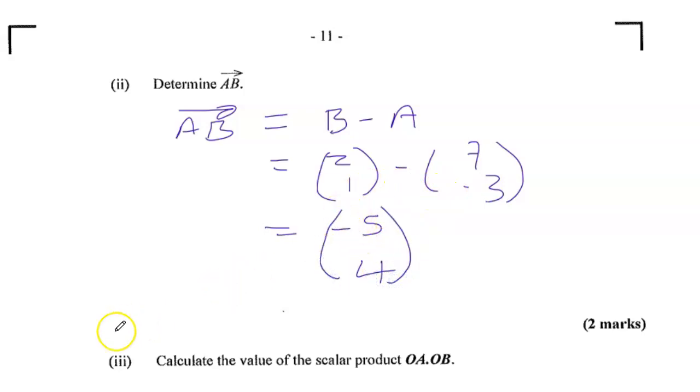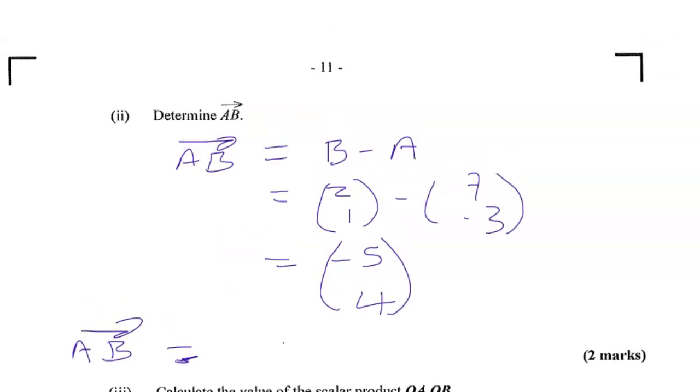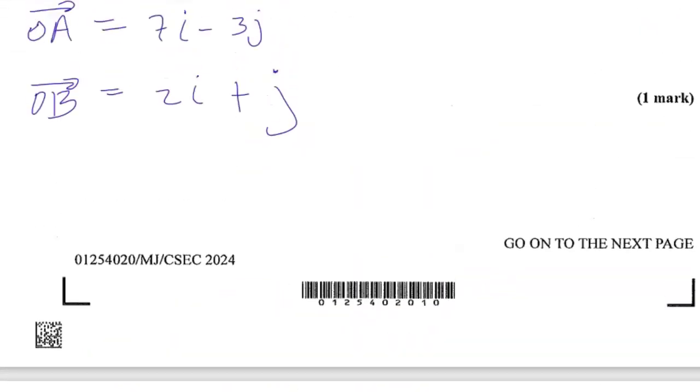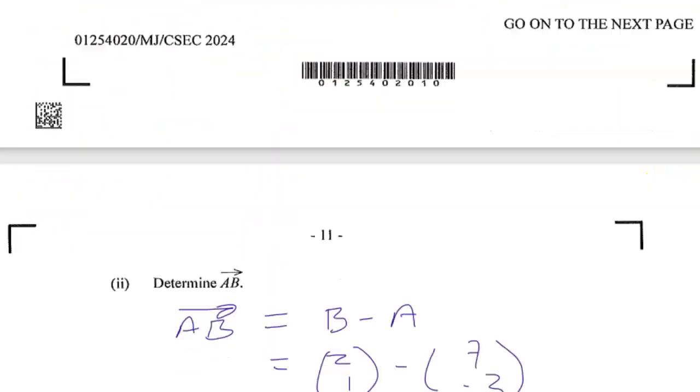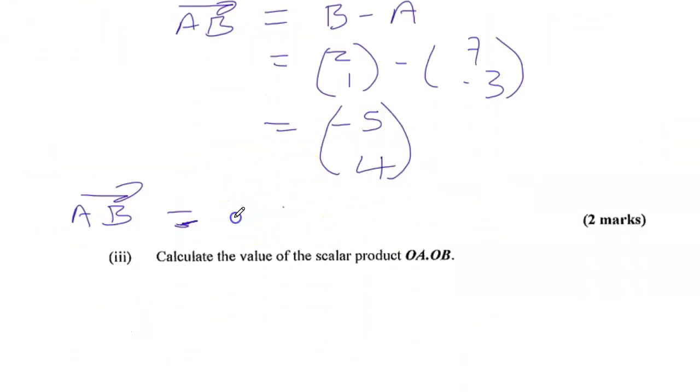So in the form we're asked to write it, xi plus yj, the x is negative 5, so it's negative 5i plus 4j. In column form, it's negative 5, 4.